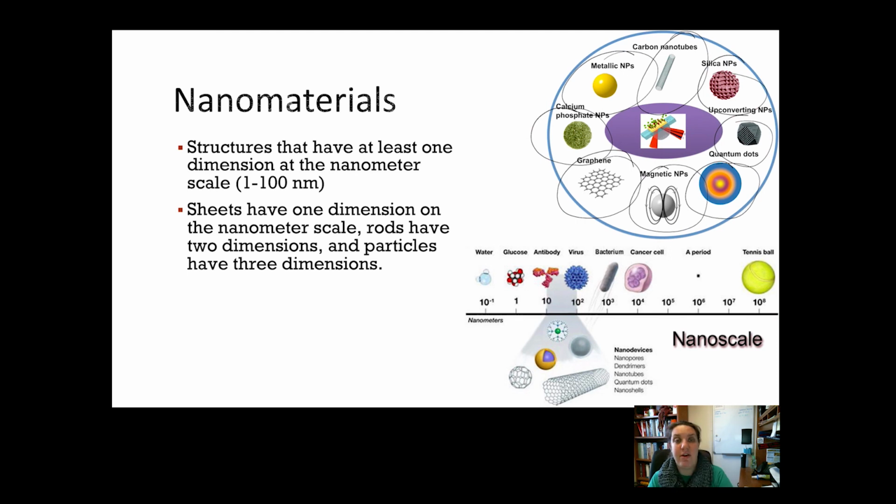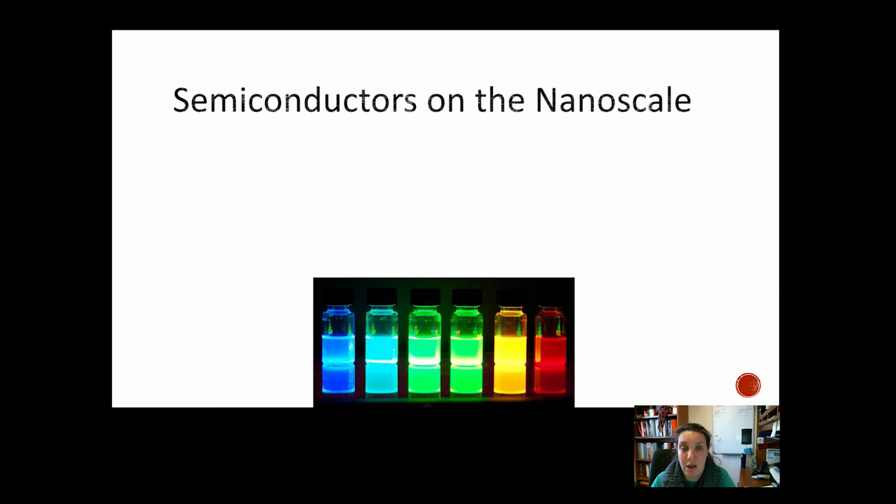Semiconductors on the nanometer scale is when we have a small nanomaterial made out of a semiconductor. So we take a semiconductor and we make length, width, and height on the nanometer scale. So we've got something where we've got fewer orbitals than in a bulk material.